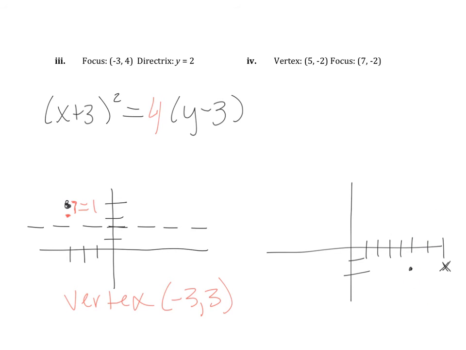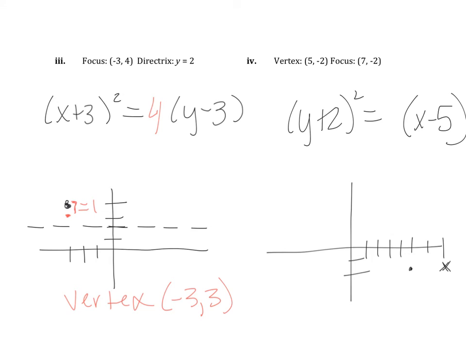We're really just being asked to write the equation. So all we need to know is whether it is going to be x squared or y squared, so it's going to be a y squared situation. We have our vertex, and we're going to need this p-value, this distance here. So y plus 2 squared is going to equal some 4p times x minus 5.